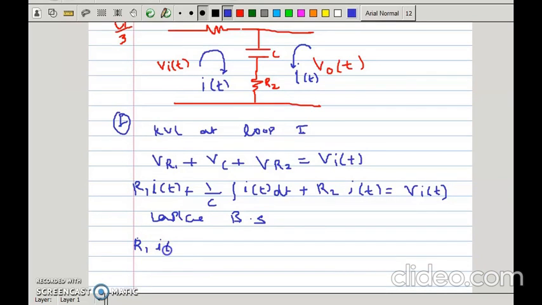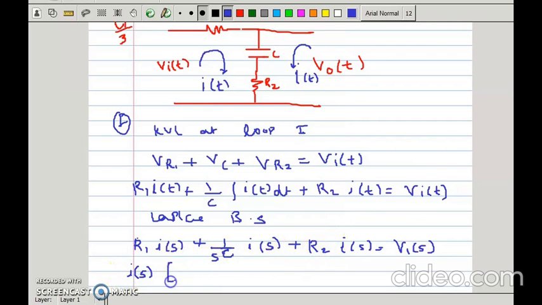R1 as it is, this is I of S, right? t becomes S, 1 upon C and S, because Laplace of integration is 1 upon S, I of S plus R2 I of S is equal to Vi of S. Okay, let's take common I of S here. So when we take I of S common, what is inside? R1 plus 1 upon SC plus R2 is equal to Vi of S. This is equation number 1.